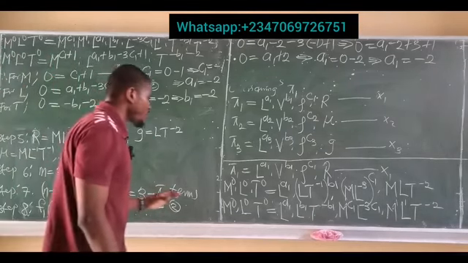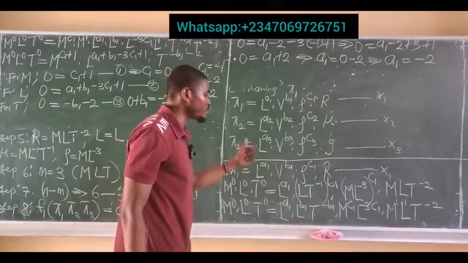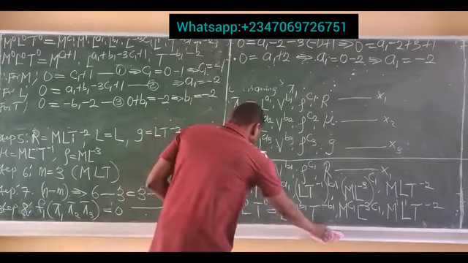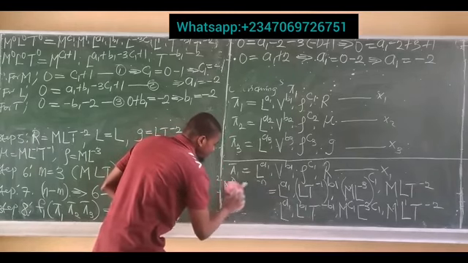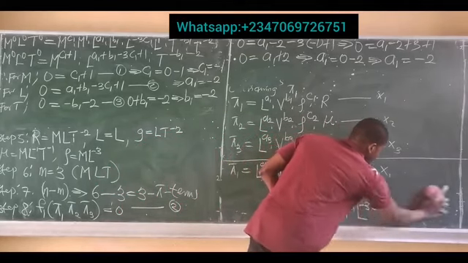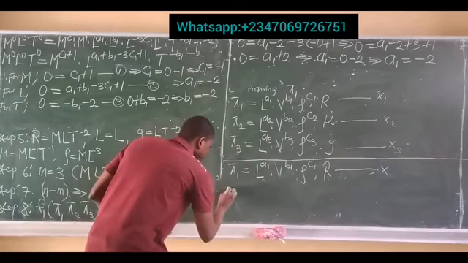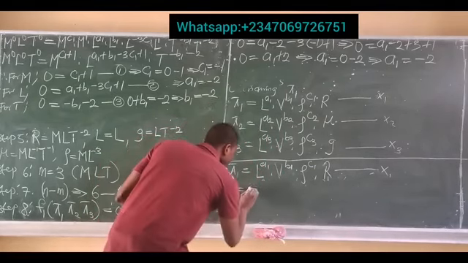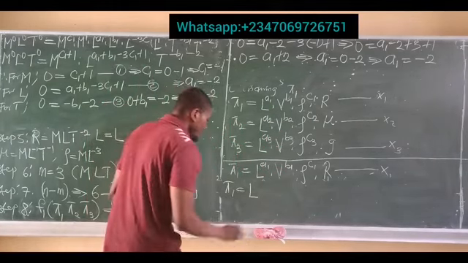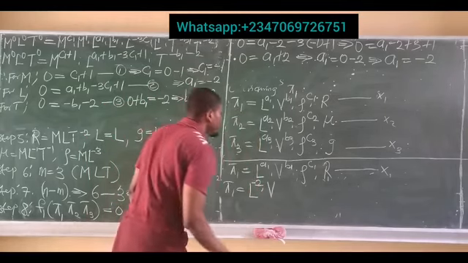Having done this, we can now fall back into the original equation for pi1 and put in the values of A1, B1, and C1. If you do that, you're going to have, so I'm taking this off now. For pi1, we had L to the power of A1, and A1 is minus 2, so this becomes L to the power of minus 2 times V to the power of B1.